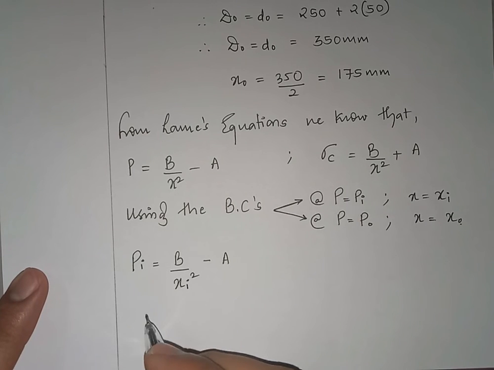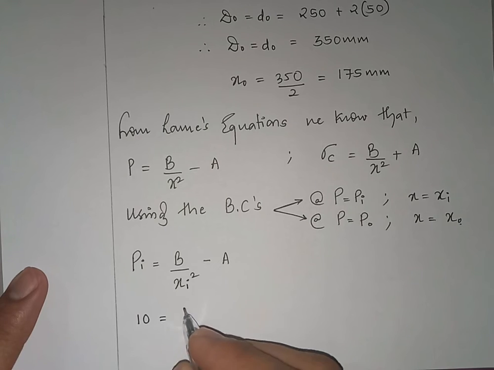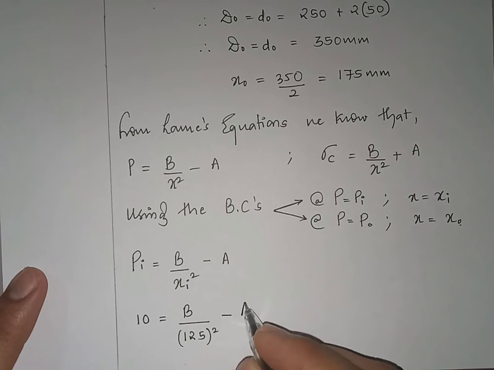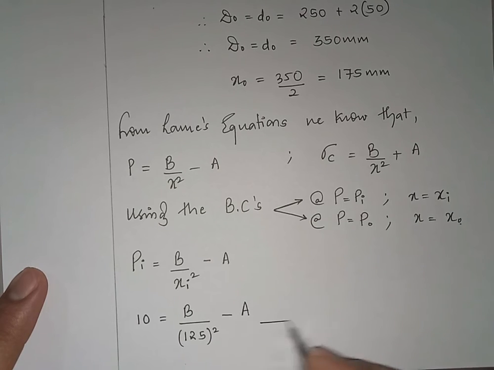The value of Pi given in the problem is 10 MPa, which is nothing but 10 Newton per mm square. So 10 is equal to B, which is unknown, divided by Xi, the value of which is 125, squared, minus A. Take this as equation number 1.